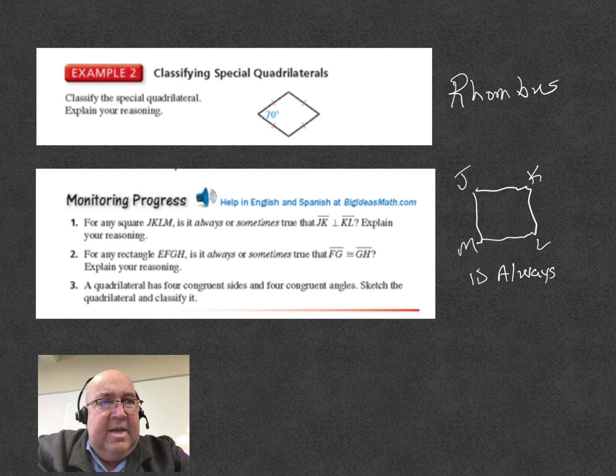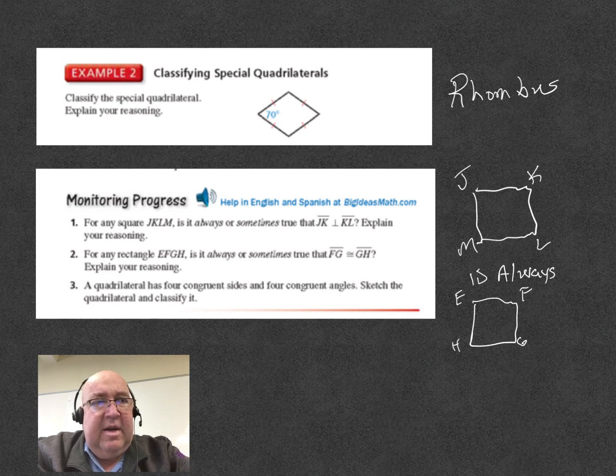Okay, let's change our square to EFG now. F, G, and H. Is EF or FG going to be the same length as GH?